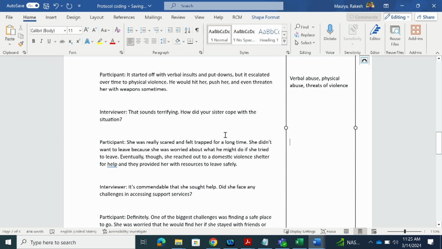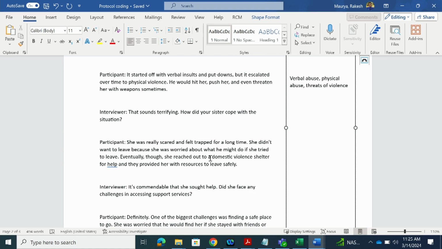So here, the participant is talking about why she was not leaving that abusive relationship, because she was just scared that this person would hurt her.